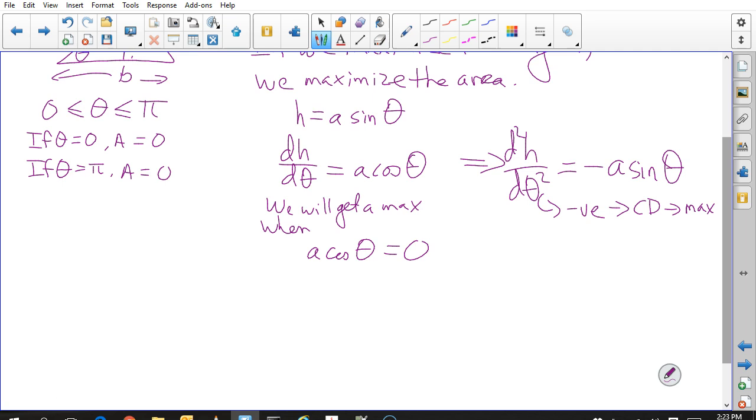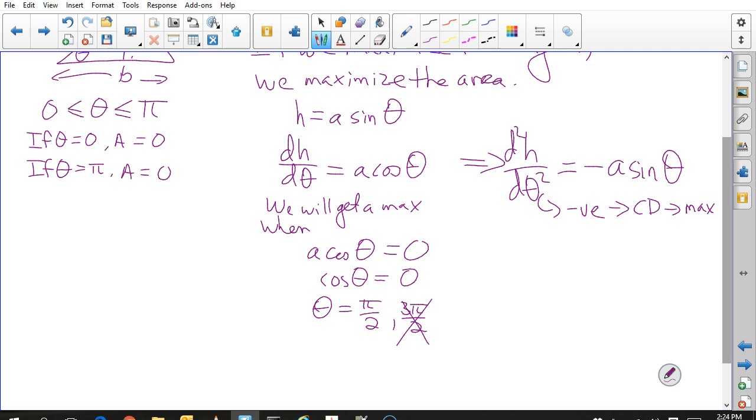Now, being as A is never 0, that means that cos theta has to be 0. So when is cos theta equal to 0? Pi over 2, also 3 pi over 2, but that's outside of our domain. Just in case it were in the domain, we don't want to forget that, but in this case, we cross that off.